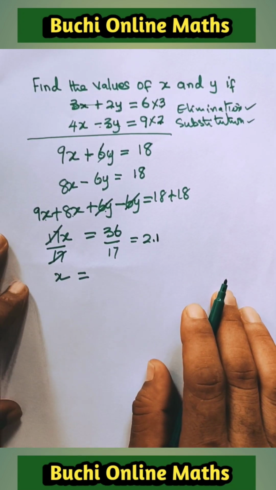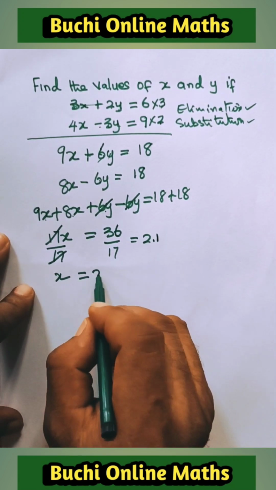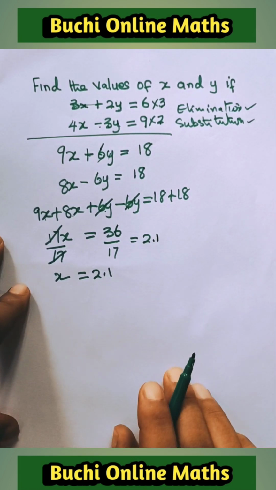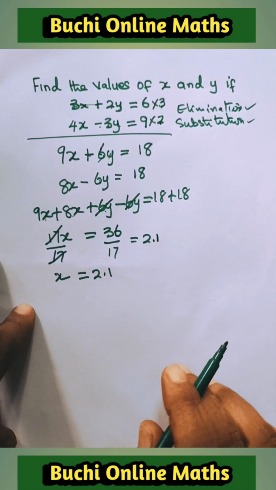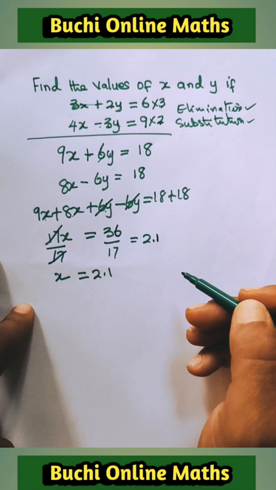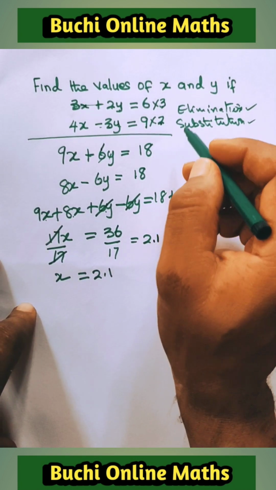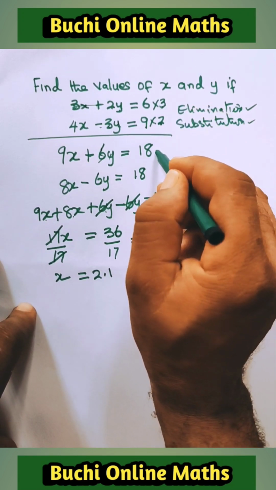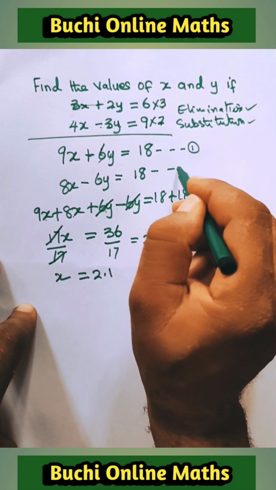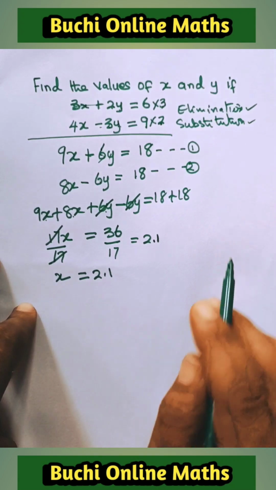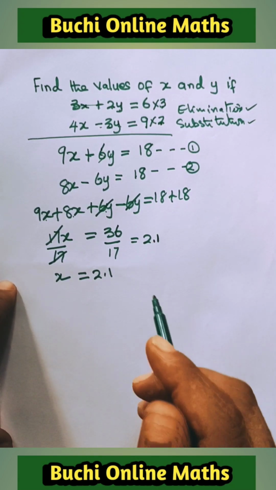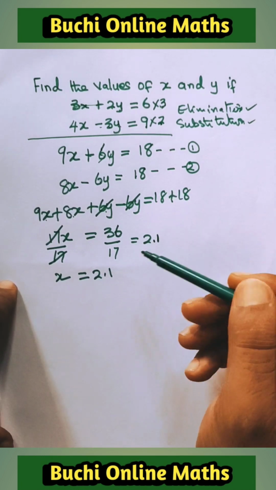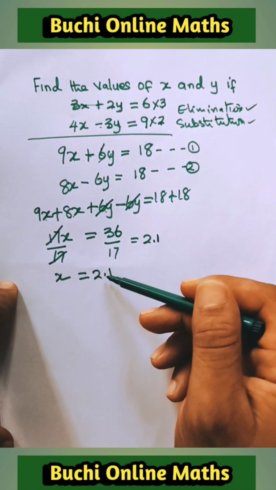Now that we have the value of x as 2.1, let us use the value of x to get the value of y. Let's call this equation 1. Let's call this equation 2. So we can go to equation 1 or equation 2 and substitute or replace x with 2.1.